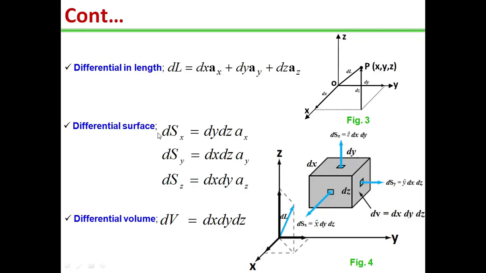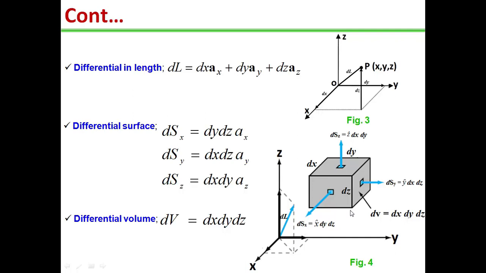And if we want to calculate the differential surface, we look at the different unit vectors. For this cuboid, what will be the differential surface dSx? For calculation of dSx, we look at the unit vector ax in the direction of the x-axis.